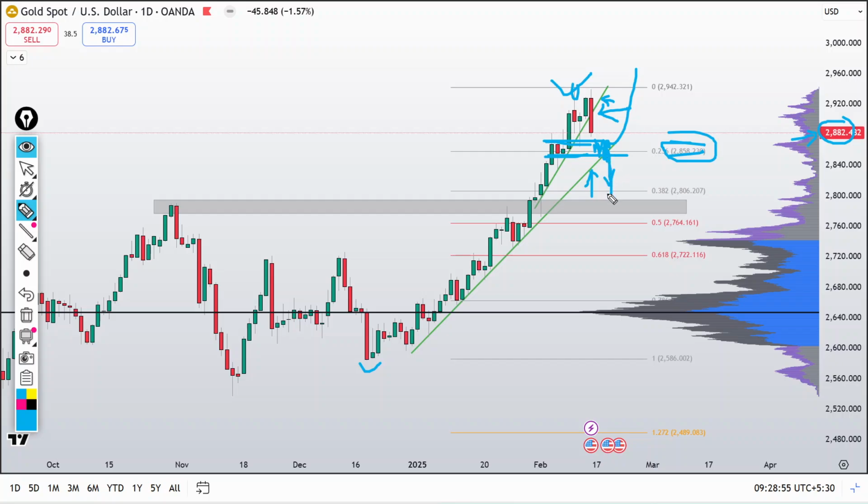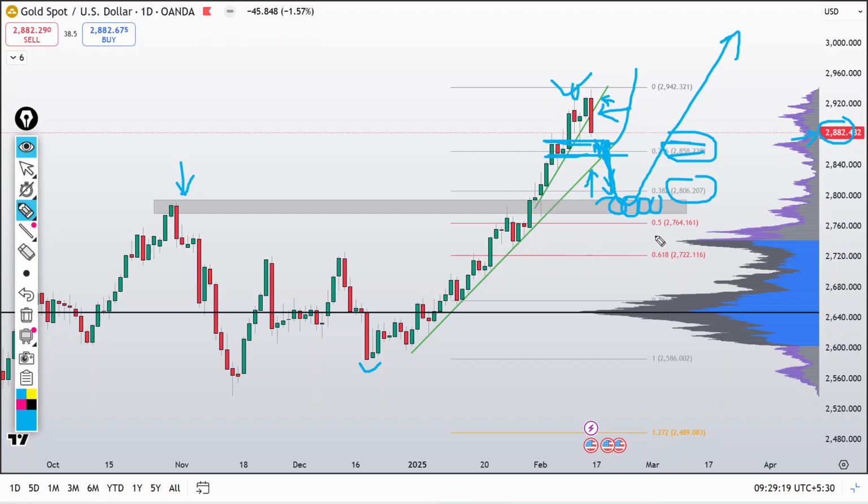Otherwise we have to wait for more lower levels. So into the lower side, the next level is around 2800, this area 2806, and of course the previous all-time high. So this area is a better area to wait for rebuying.